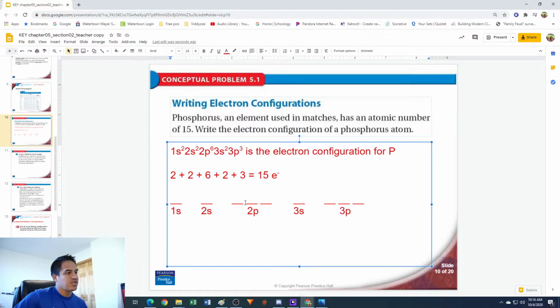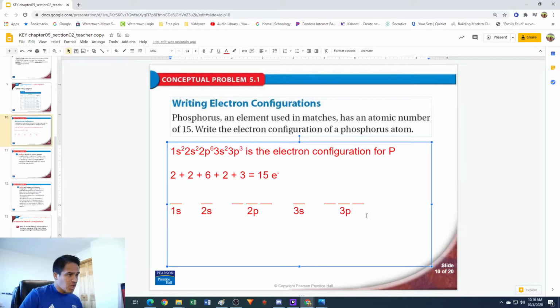You notice that we have 3 for the 2p orbital, and that's because remember that there are 3 p orbitals. Each line represents one of those orbitals. Then there's one line for the 3s, and then again another 3 for the 3p. You notice I put big spaces in between the different sublevels, but between the orbitals inside, there are just smaller spaces.